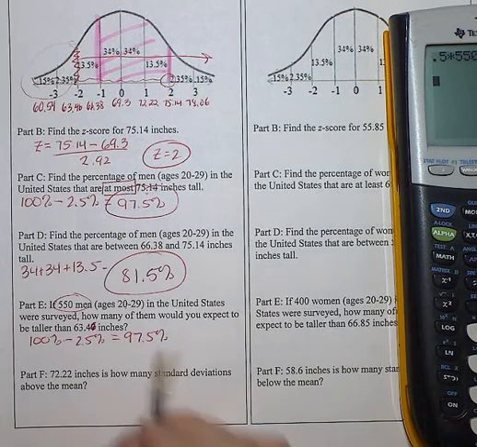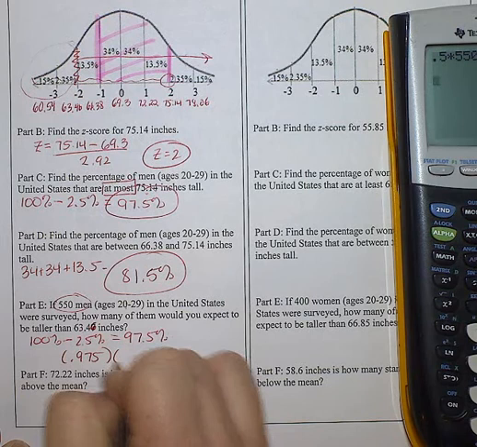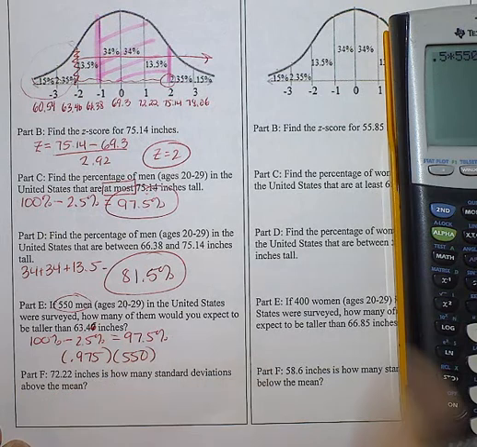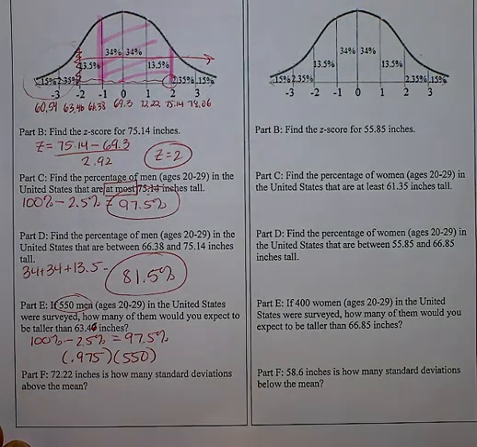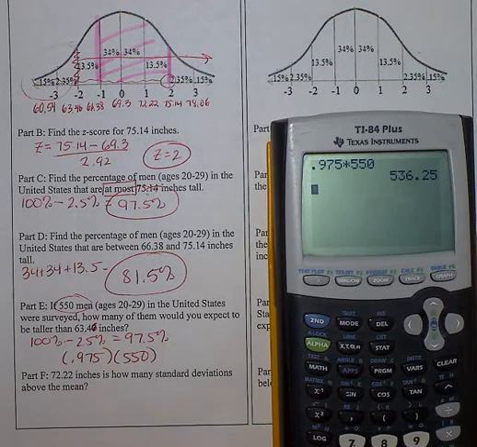So let's take this percentage, and we have to turn it back into a decimal, and we're going to take it times 550 men. We can't have like half of a man, so we would expect for there to be about 537 men out of that group that would be taller than 63.46 inches.